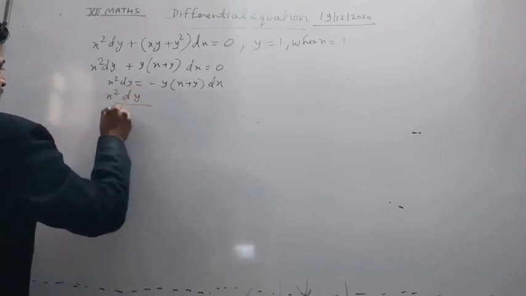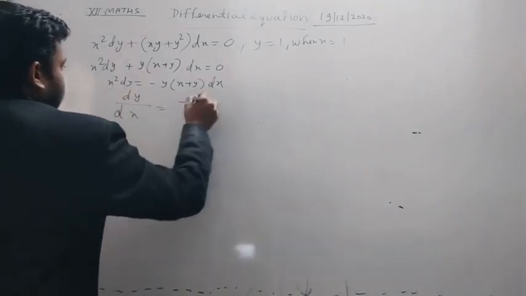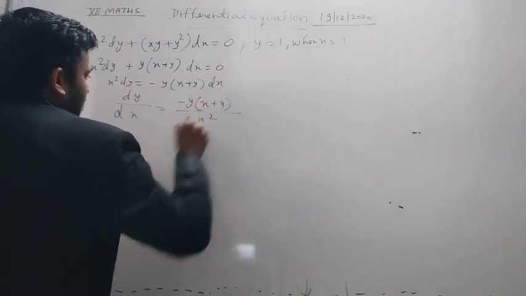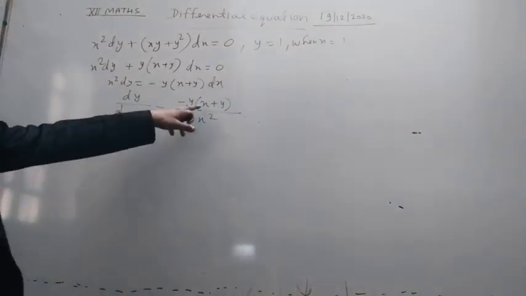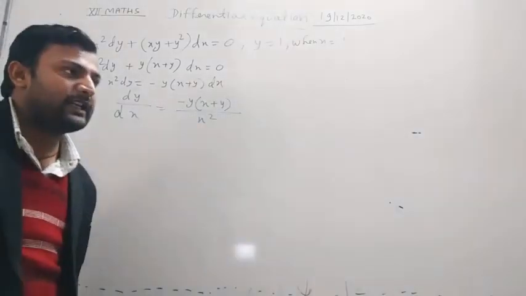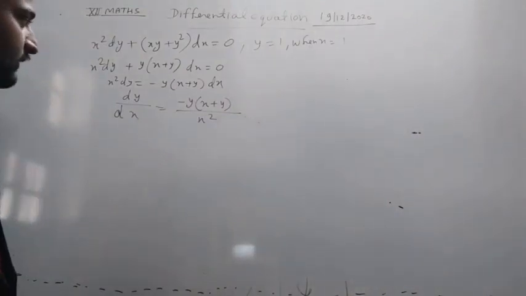So dy by dx is equal to minus y x plus y by x square. Now students, we are saying that if we are putting lambda x and lambda y, we are saying that our degree of lambda is 0 from here we are seeing.